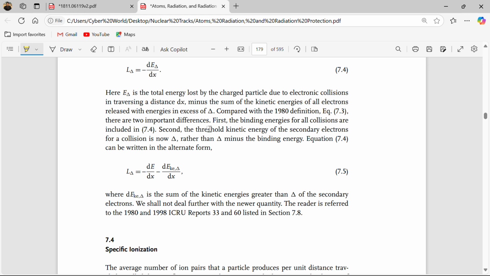We discussed chapter number 7 of the book by James E. Turner, in which we started chapter 7, phenomena associated with charged particle tracks, and we discussed delta rays. In delta rays we discussed how they produce noticeable tracks, and we discussed primary and secondary ionization.